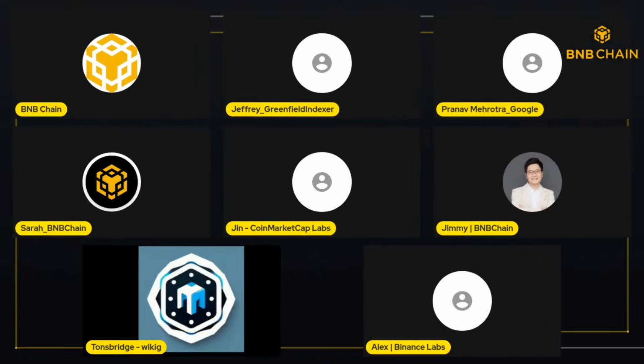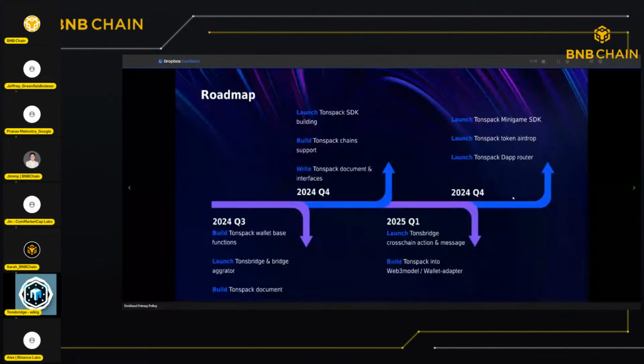Let's press this share. So here's what I'm going to do: build the DApp routers in the Tonsbridge wallets. Later, we think more people will use their crypto on mobile using the Tonsbridge wallet to call up swaps like PancakeSwap, or decentralized futures trading platforms like Level J and many others in the BNB Smart Chain environment.